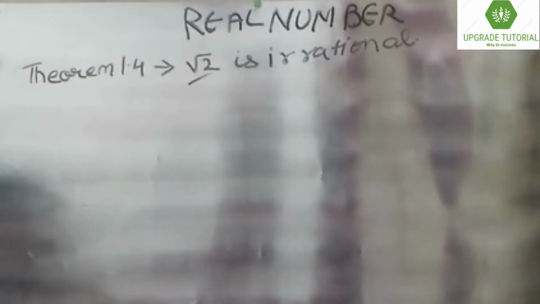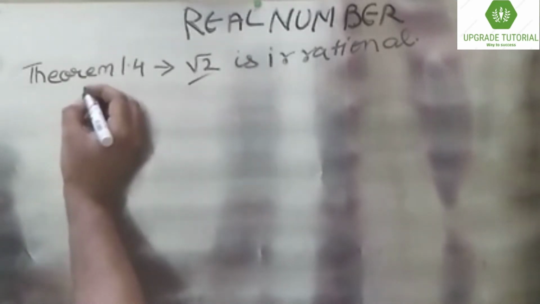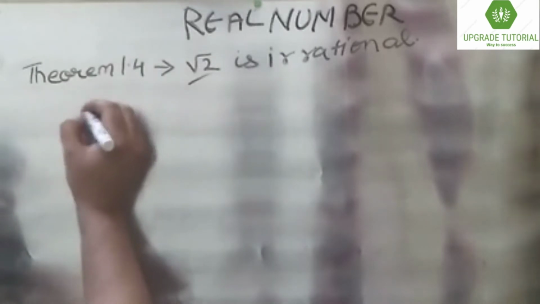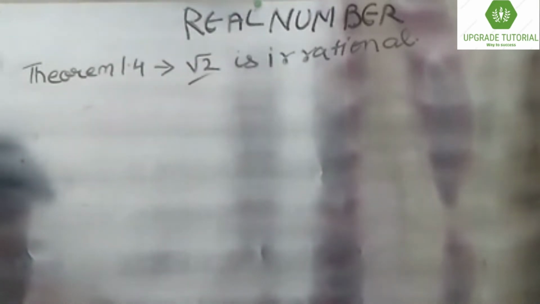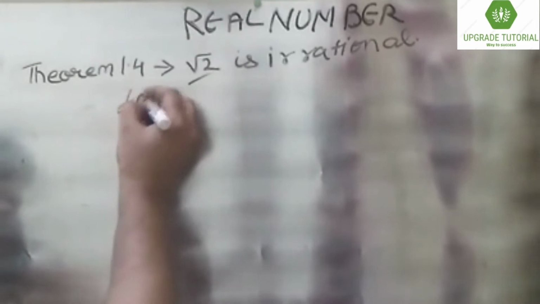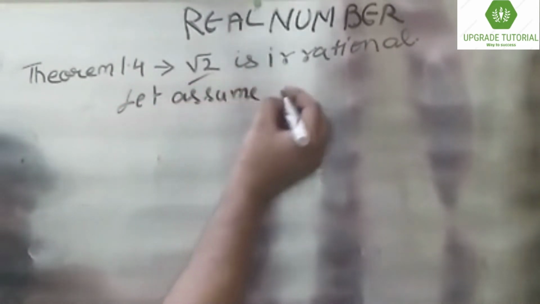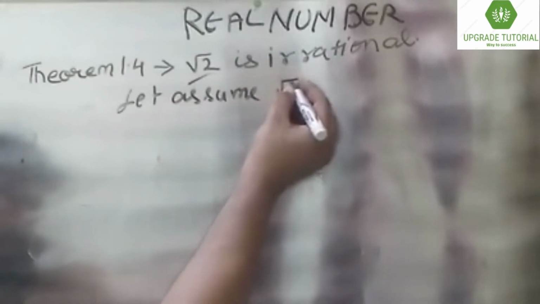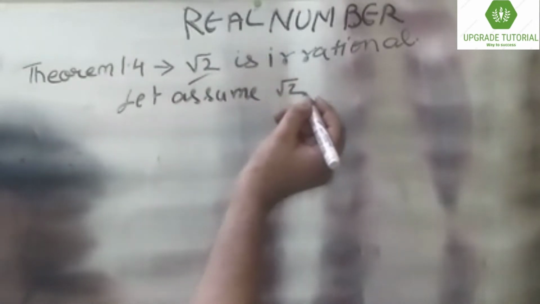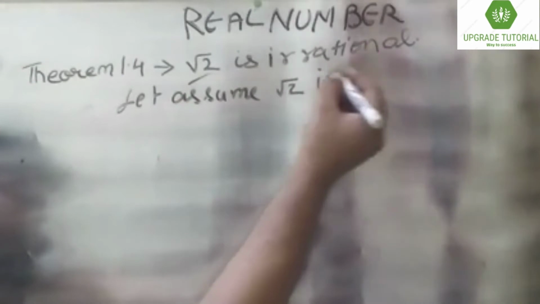To solve this question, we have to use the method of contradiction. For this we have to assume that root 2 is rational.